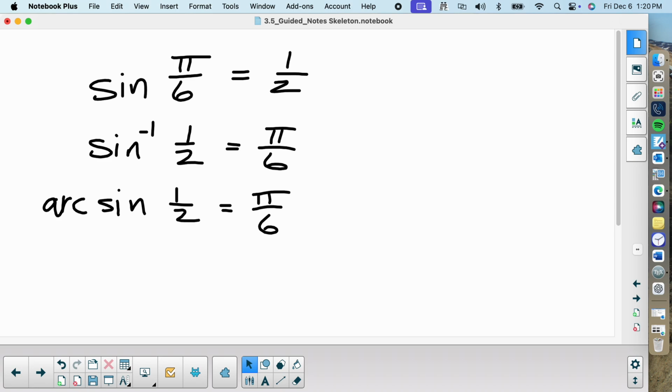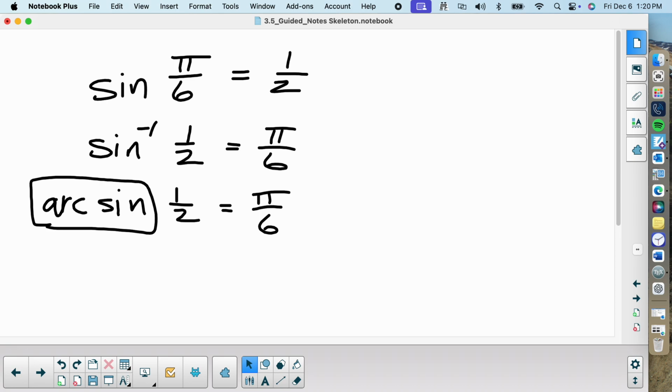These two things mean identical. I actually prefer this notation because then you won't get confused thinking that's a power, because we have other trig functions where you write a power there. So I get why they don't want to use the -1 notation, but these mean the same thing.